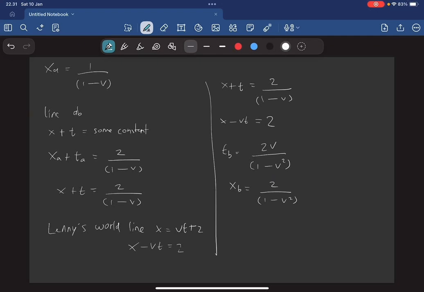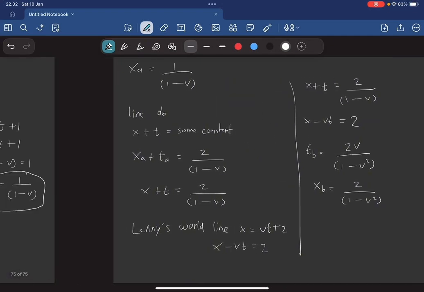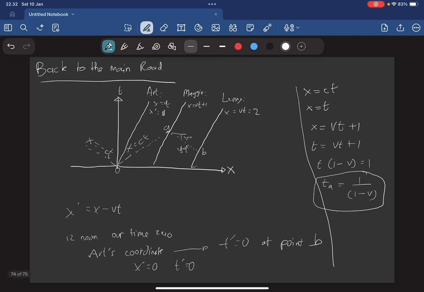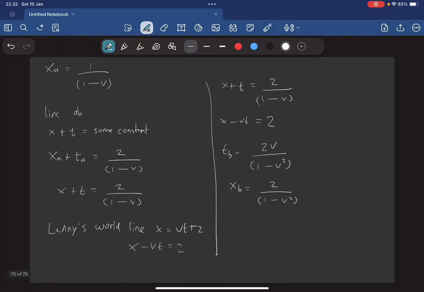Next, consider the straight line connecting the origin with point B. Imagine the straight line connecting the origin with point B here. By definition, the slope of that line will be t_B divided by x_B.